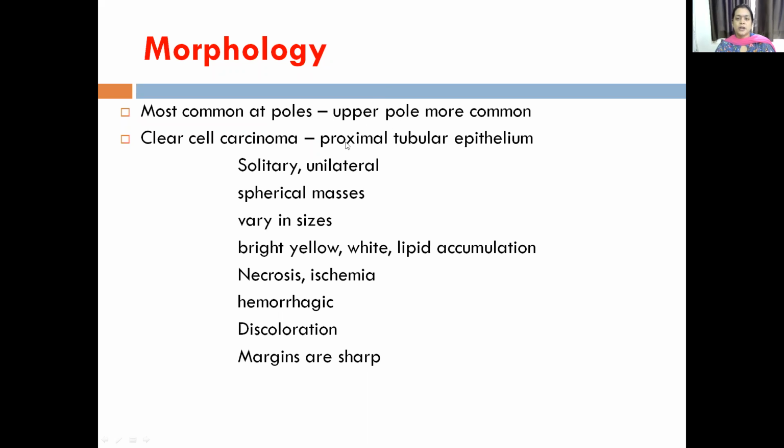Clear cell carcinoma arises from the cells of the proximal tubular epithelium. It is a solitary unilateral spherical mass, varies in size, bright yellow-white because of lipid accumulation. It can have necrosis, ischemia, hemorrhagic discoloration, and the margins are usually sharp. So it has a variegated appearance with hemorrhage, necrosis, ischemia, that is red, brown, everything can happen. It can look yellow because of lipid accumulation.